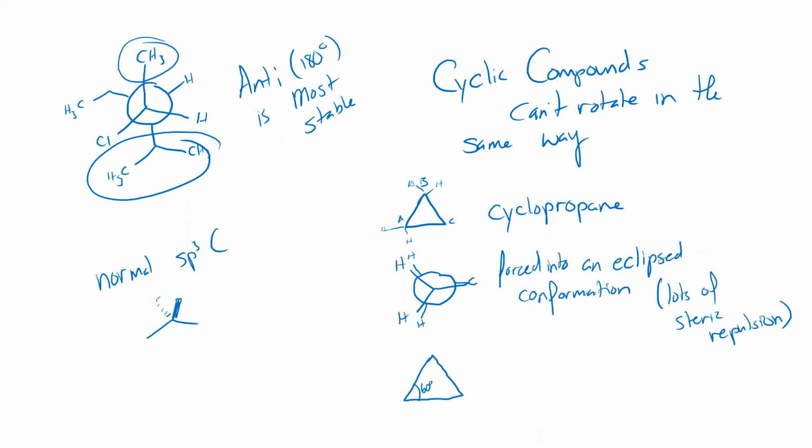That's what steric repulsion does. It pushes those bonds as far away from each other as possible. And so in a normal sp3 carbon, we have a bond angle of about 109.5 degrees. That's what makes this sp3 carbon tetrahedral.